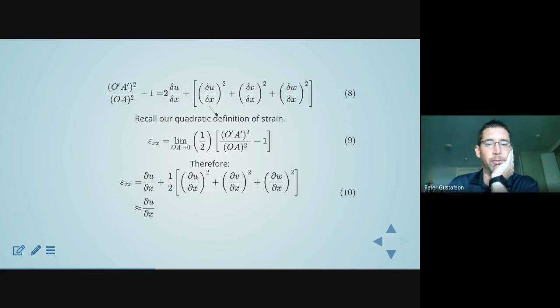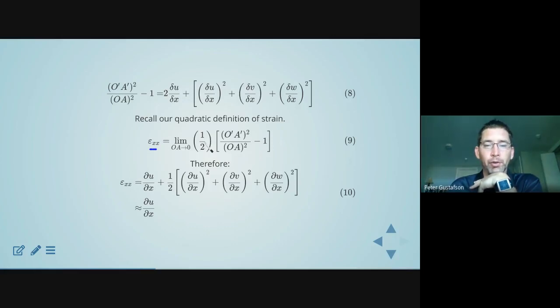Now these terms on the right-hand side you can think of as being, in the limit as the length goes to 0, delta x. These are derivatives, du/dx, dv/dx, dw/dx, partial derivatives. So epsilon xx, this is the expression that I previously wrote. It was the limit as OA, the length of that initial vector, goes to 0 of 1/2 of this component, ends up being on the right-hand side.